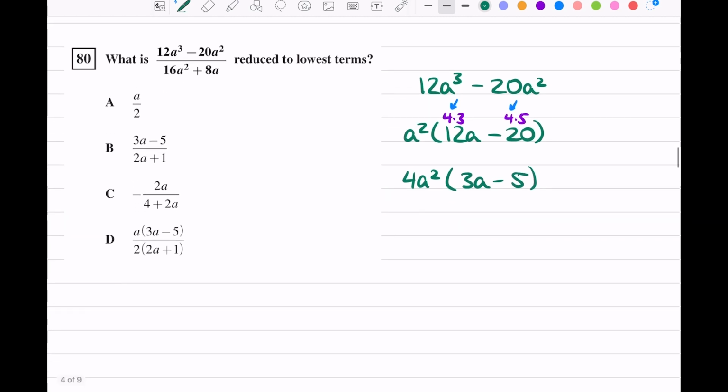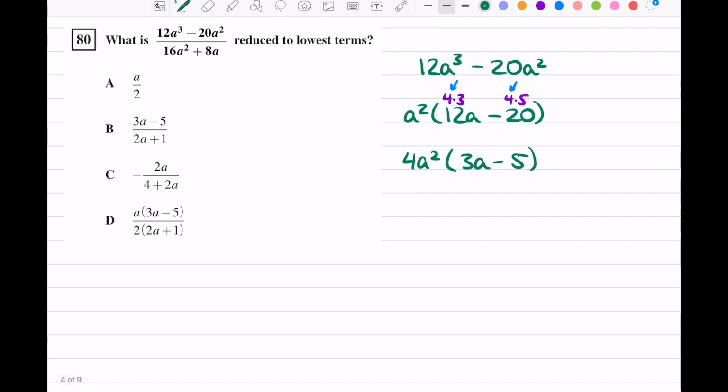All right, let's look at the denominator. We have 16a squared plus 8a. You might notice that 16 is 8 times 2. So what's the common number that we're multiplying in both pieces? That would be 8a. We're multiplying an 8 and an a, and an 8 and an a.